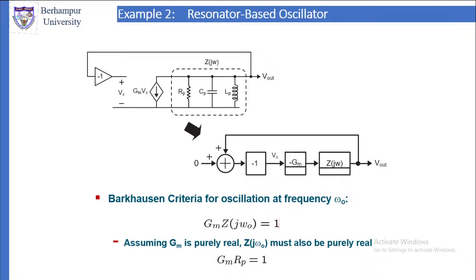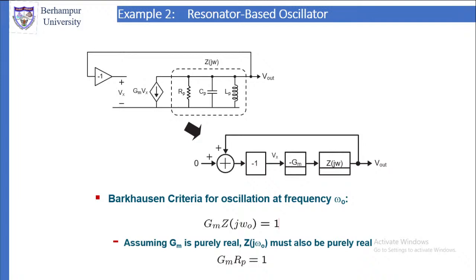In the equivalent circuit, we have an amplifier which is outside the dashed region. That part is the amplifier with gain 1 which inverts the input. So the phase is inverted: the input and output are 180 degrees out of phase in the amplifier. That amplifier is there.